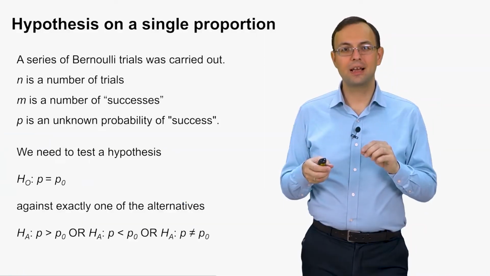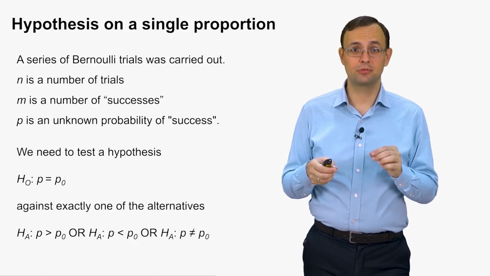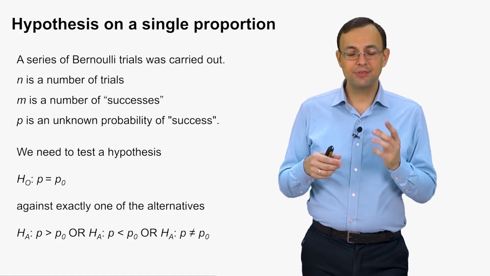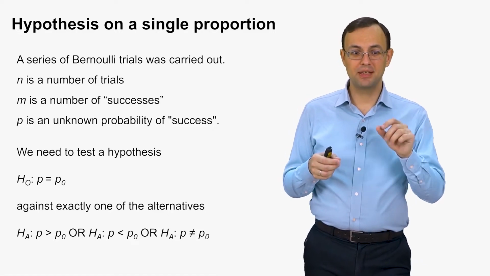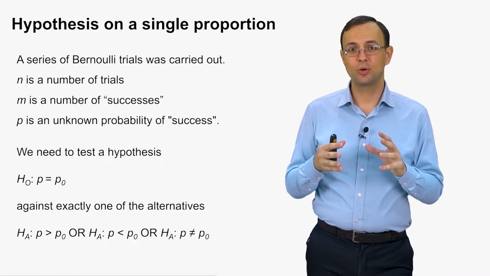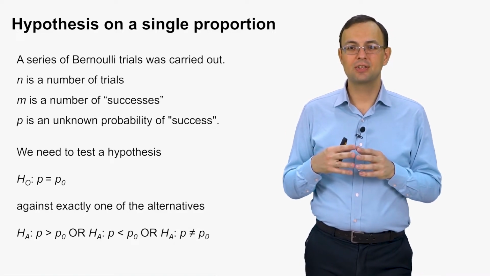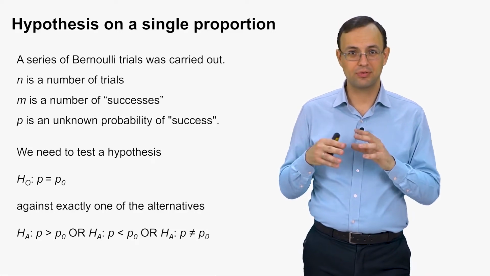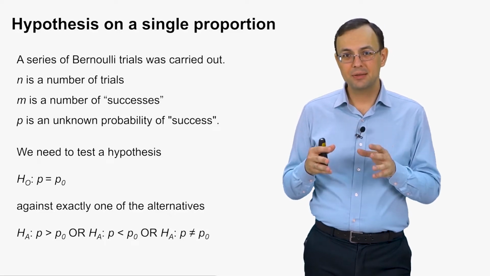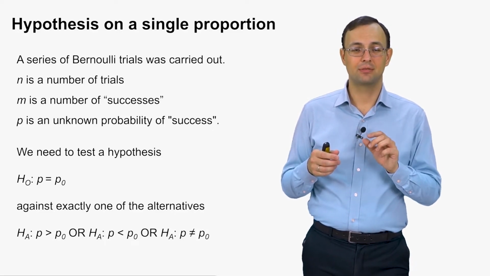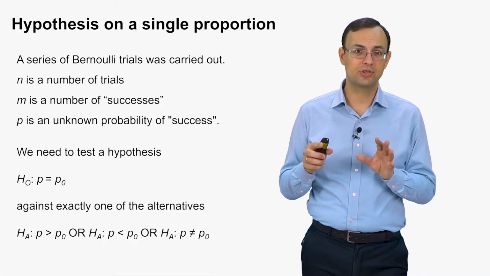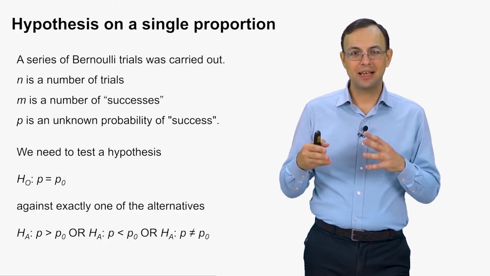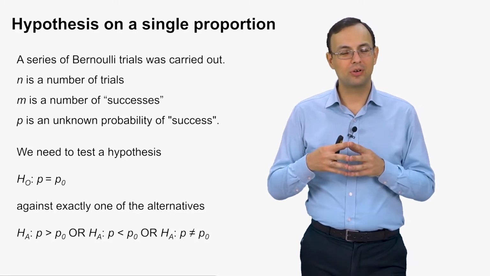So your null hypothesis is p equal to p0. If this is not true, the difference between p and p0 can be small or big. There can be a situation that the actual value of p differs from p0 dramatically, or a situation that the difference is very little, so they are almost equal. This is what I mean by saying that the null hypothesis can be more true or less true.